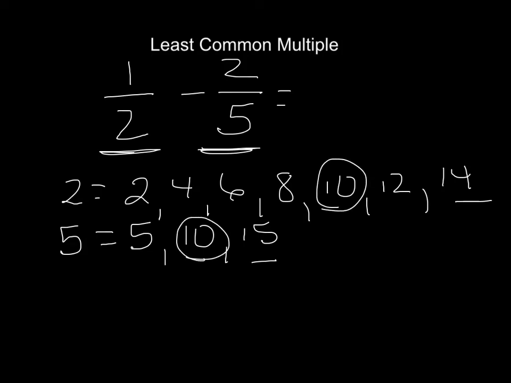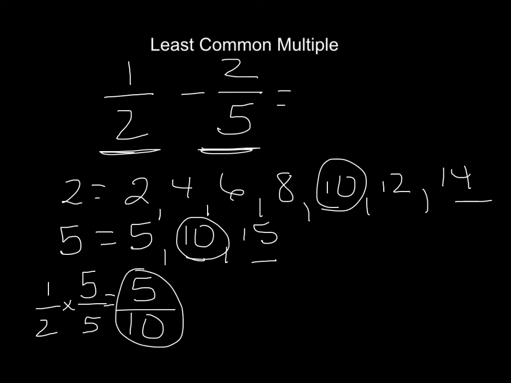Okay, so I need to convert 1/2 into a fraction that has a denominator of 10. 2 times 5 is 10. Whatever I do on the bottom, I need to do on the top. 1 times 5 is 5. My 1/2 now becomes 5/10. 2/5, and I want to get a denominator of 10. 5 times 2 is 10.